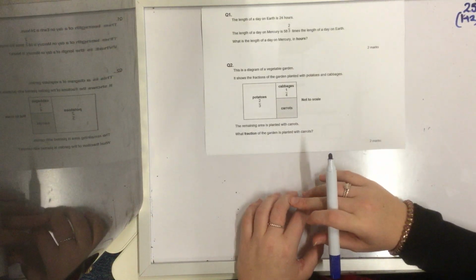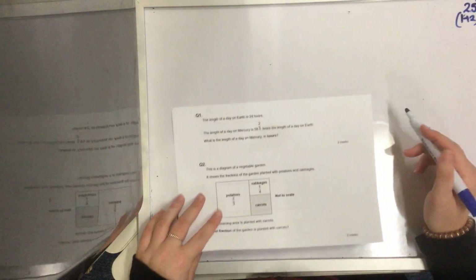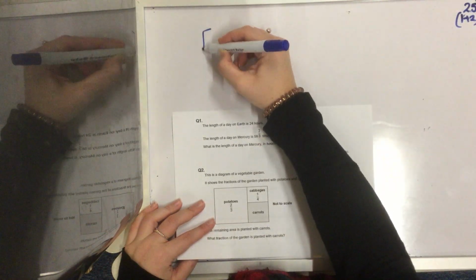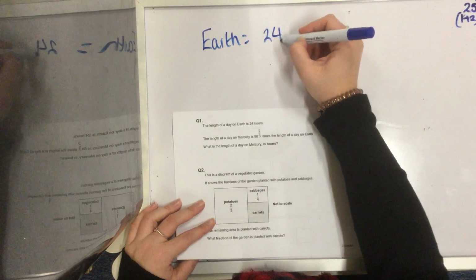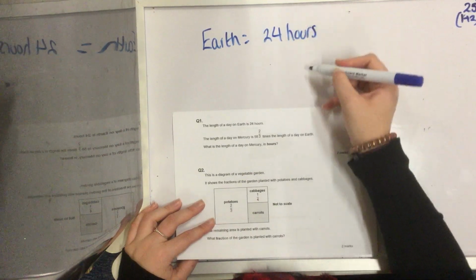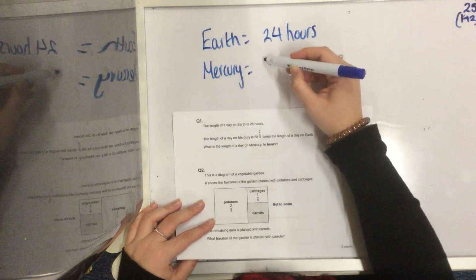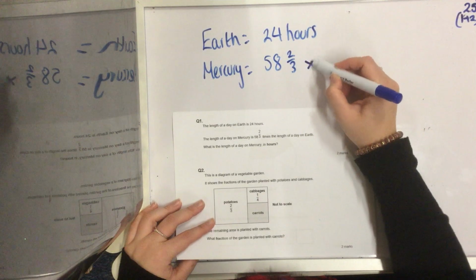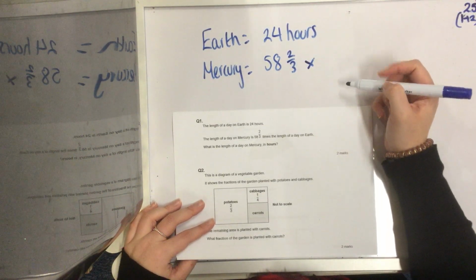I'm going to use my whiteboard. But I'm just going to jot down on my whiteboard some of the important information on here, in a bit like note form. So I'm going to say Earth, so that's 24 hours. And then Mercury, so that is 58 2/3 times the length of a day on Earth.